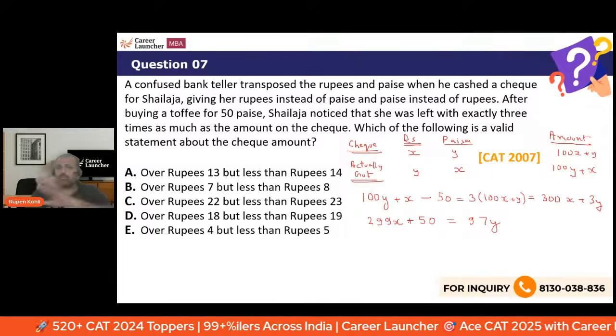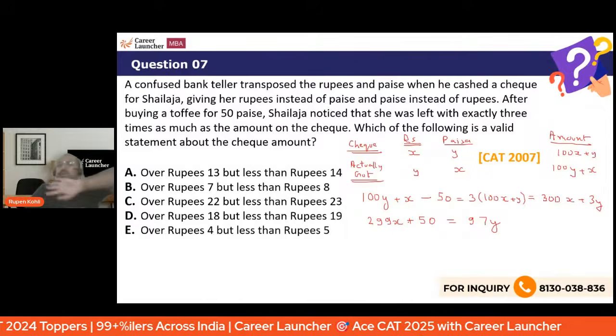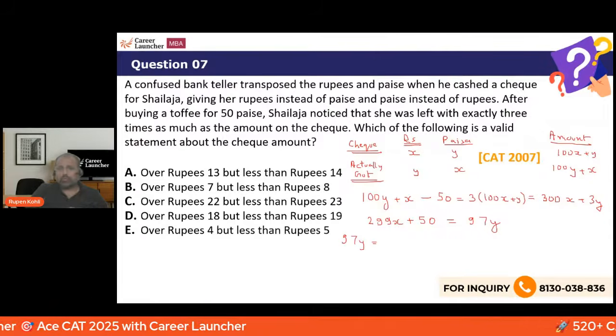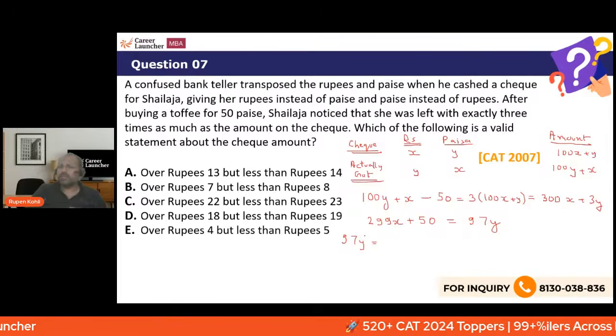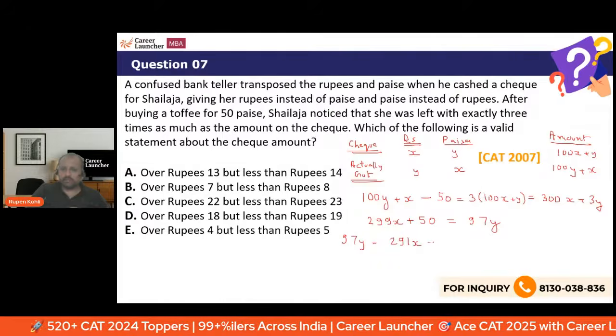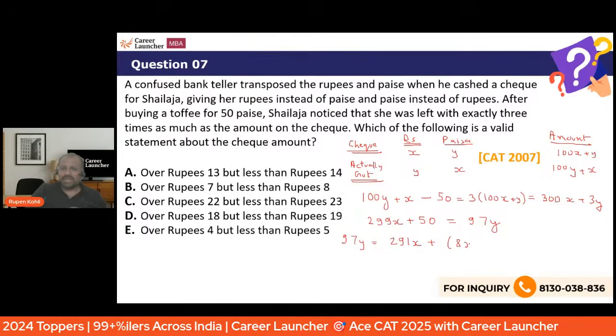So from these coefficients, separate away the largest multiple of 97. 299 is nearest to what multiple of 97? Thrice. 97 into 3 would be 291. So let me separate off 291x. Then what I'm left with is 8x plus 50.